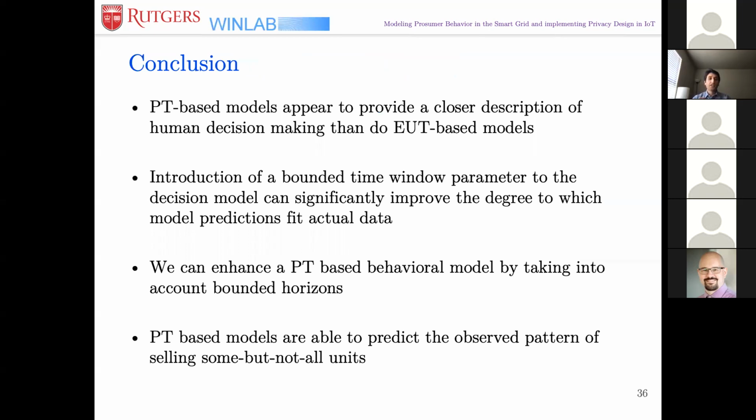The findings led us to the main conclusion that PT-based models appear to provide a closer description of human decision-making than do EUT-based models.